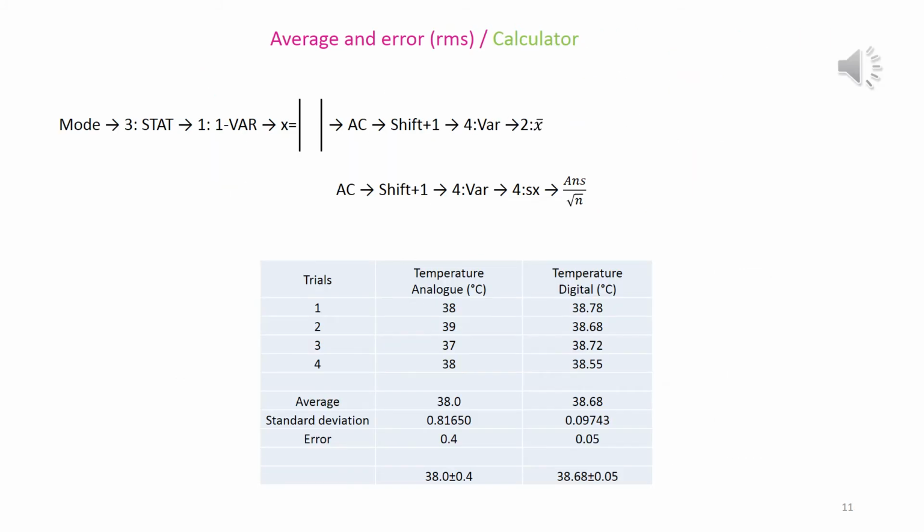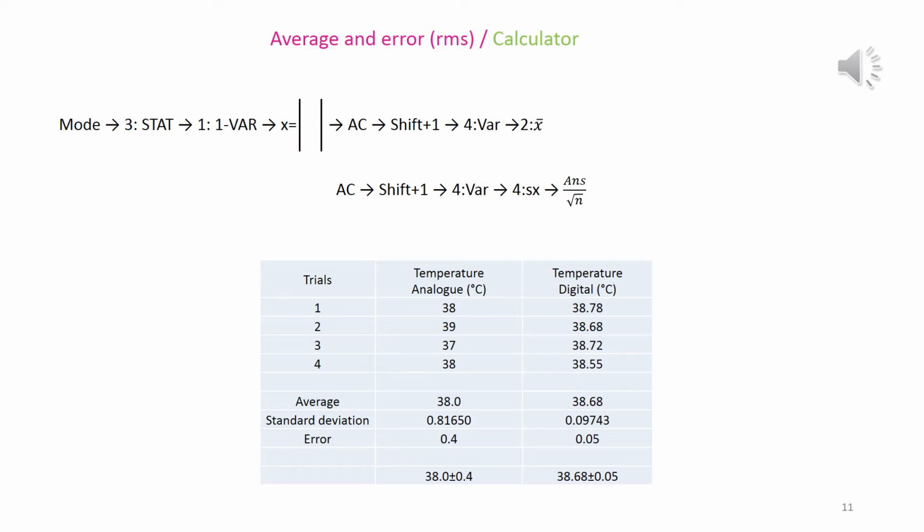Now, if you have the Casio calculator, please follow these steps. If not, please read the catalog of the calculator. Press on mode, then 3 stat, the mode statistics, then choose the one variable, plug in your variables. For example, in the table here, you have the temperature for the analog device 38, 39, 37, 38.